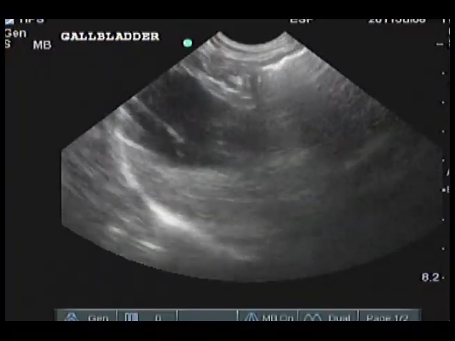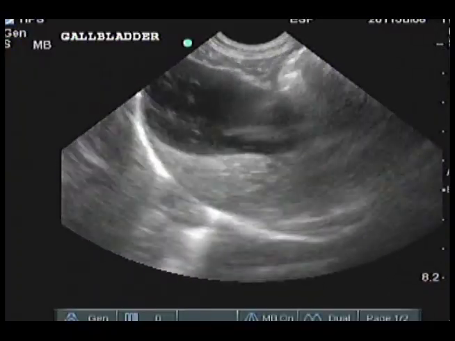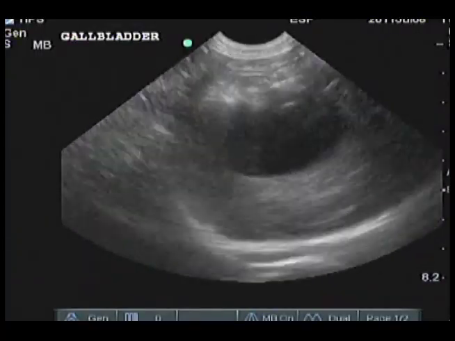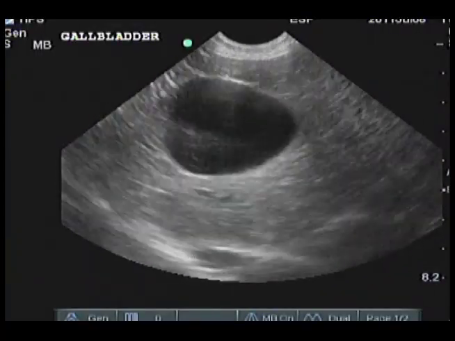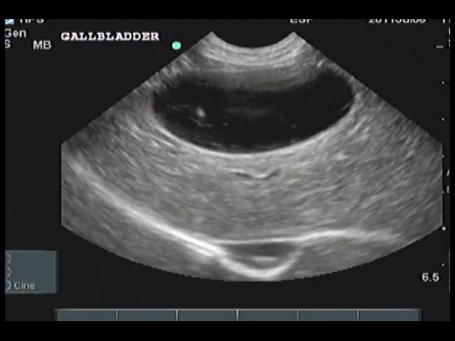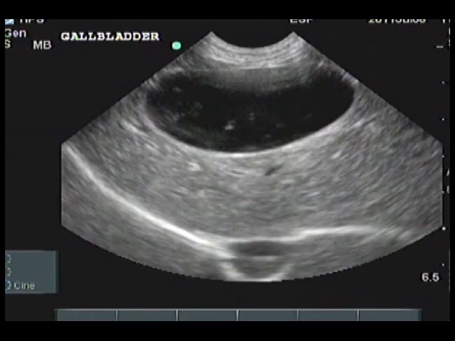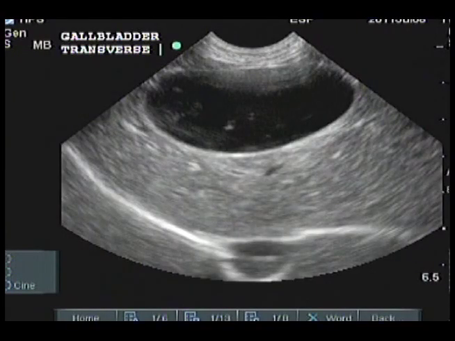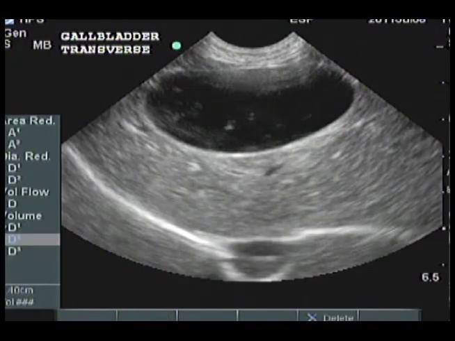Then rotate to the transverse view and measure gallbladder width from right to left. If your machine does not calculate volume, multiply length by height by width by 0.53 to equal volume in milliliters.